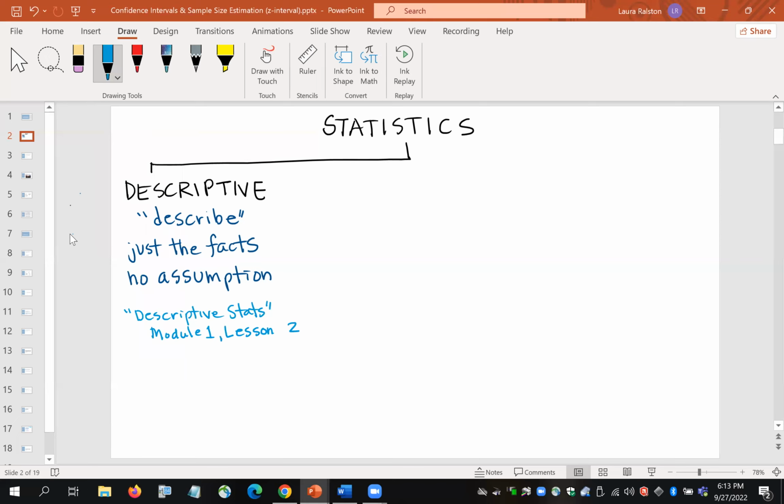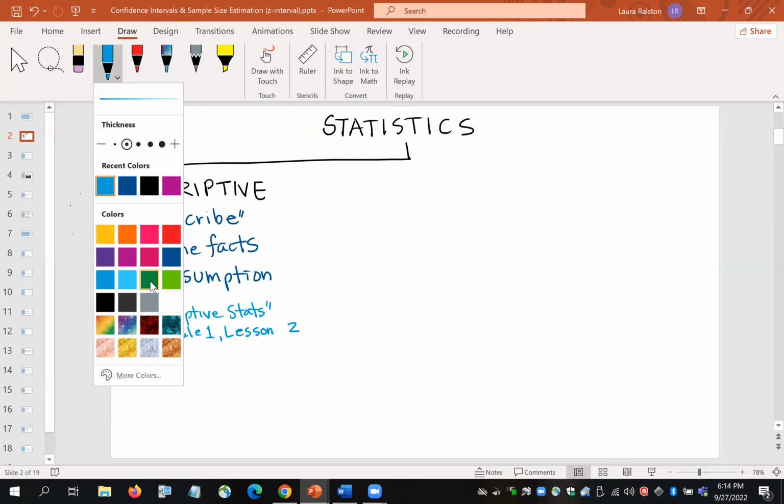When we did that, we would calculate those descriptive statistics, the mean, the median, the mode, standard deviation, range, variance, all of those different measurements. And we would come up with an answer, but the answer we had was a single value.